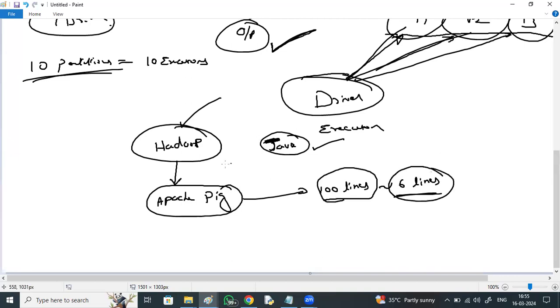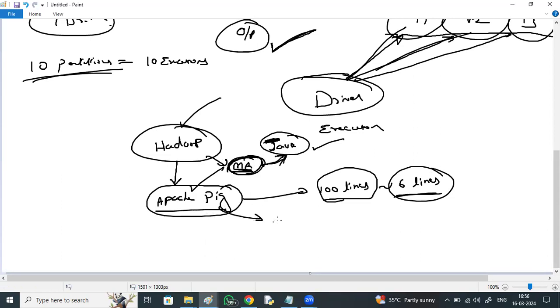Whatever Hadoop uses is MapReduce, and MapReduce uses Java coding. Hadoop's total execution happens within MapReduce execution. So the total implementation goes in Java, but slowly, because of the huge coding, people started using Apache Pig, where there is very little coding and many inbuilt functions.